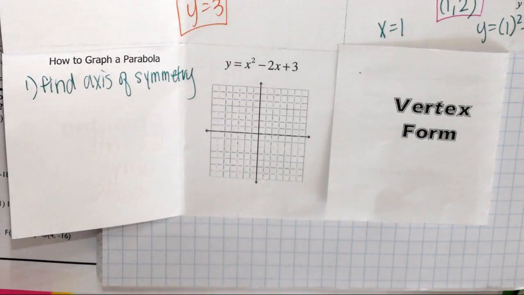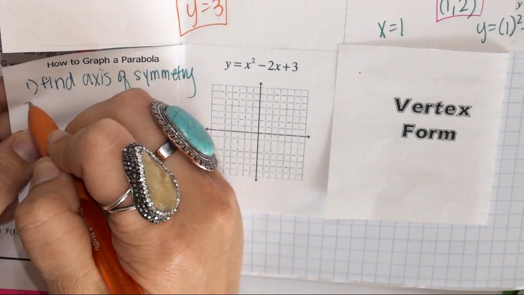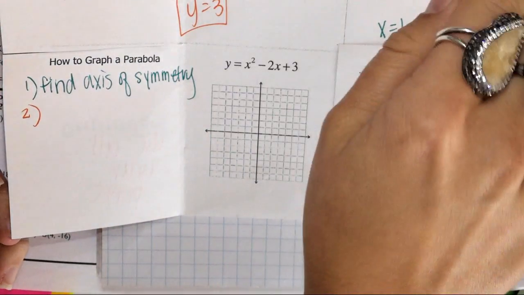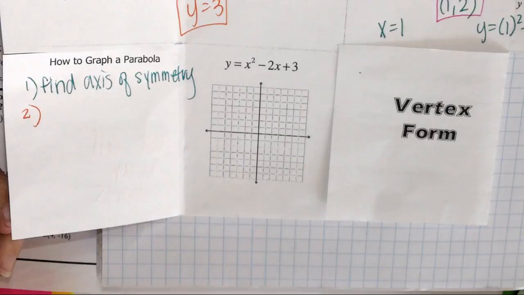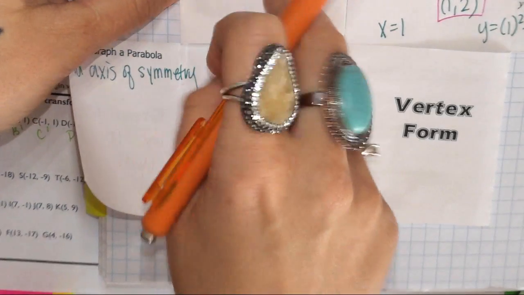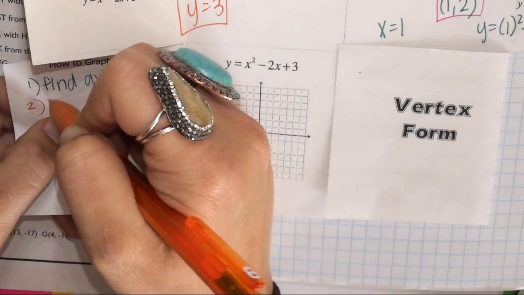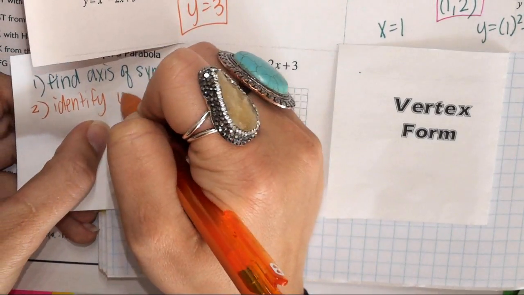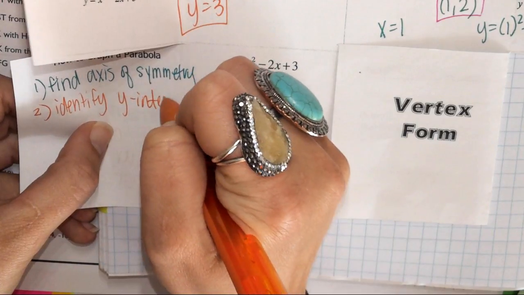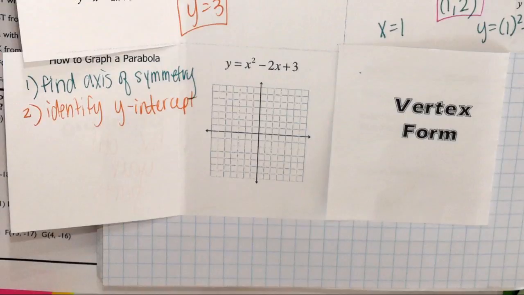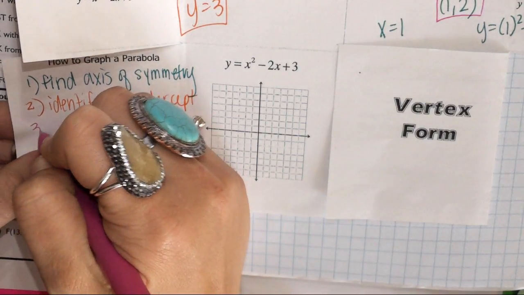Alright, what did we find next? But what did we do after axis of symmetry? What did we find? Y-intercept. We found our y-intercept. Identify y-intercept. Okay. What was the third thing we did? Vertex. Yes, plug in to get vertex.